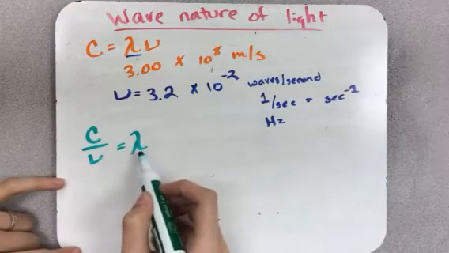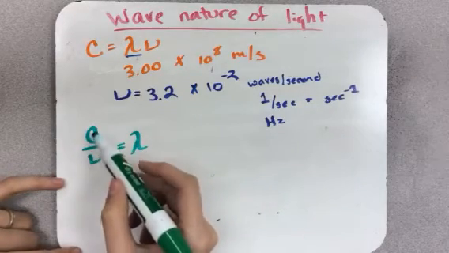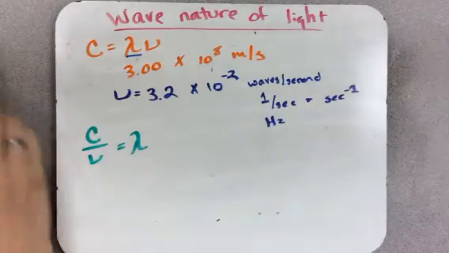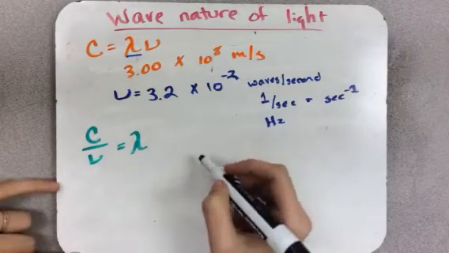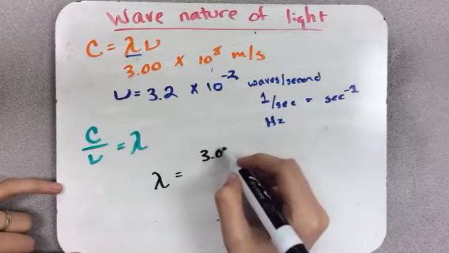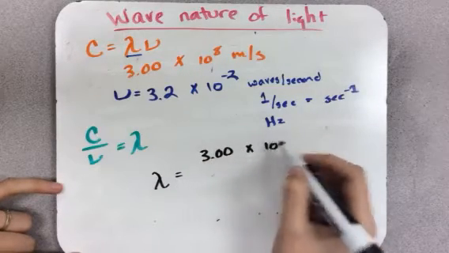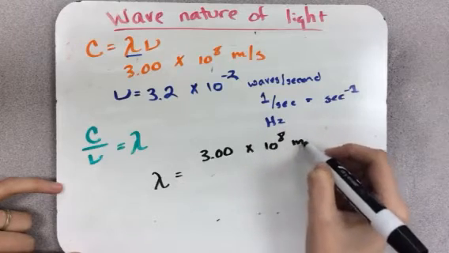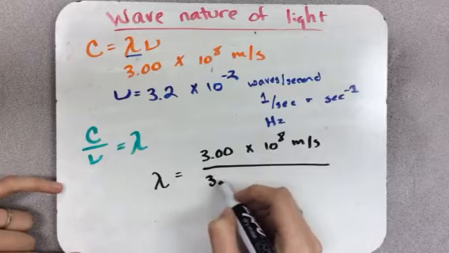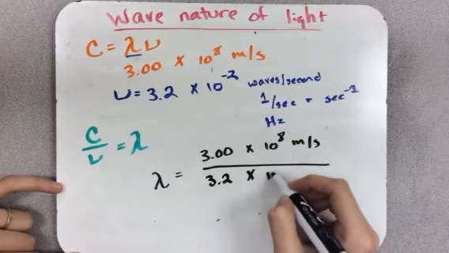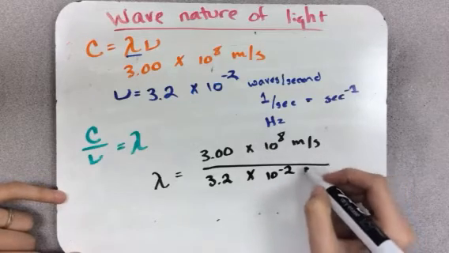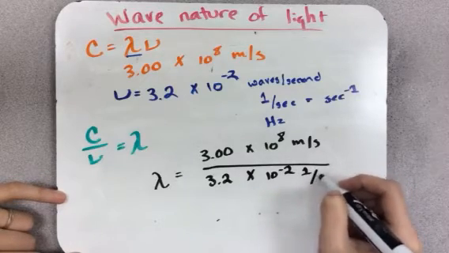And in this way, I can plug in my numbers for the speed of light and for my frequency to figure out lambda. So lambda equals 3.00 times 10 to the 8th meters per second divided by 3.2 times 10 to the negative 2, and I'm going to use 1 over seconds.